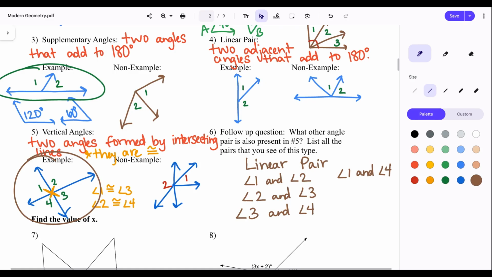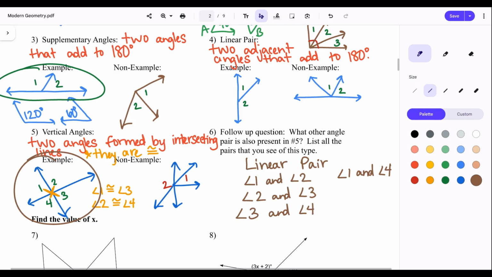Good. So hopefully you're able to look at a picture now and see that there's a lot of different types of angle pairs that could possibly show up. We're not limited to just one type, but in that one picture, there's vertical angles happening and there's linear pairs happening.